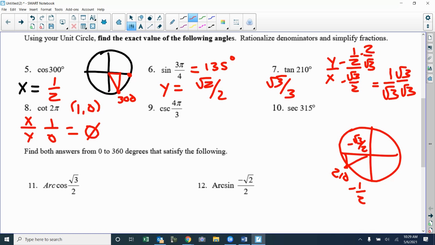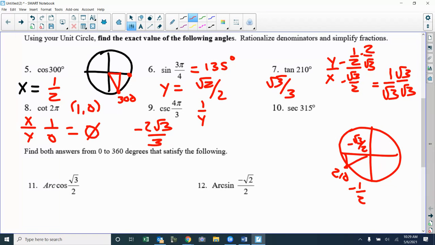4 pi over 3. This guy is going to end up being negative 2 square roots of 3 over 3. Cosecant is 1 over y, and then your y value there.